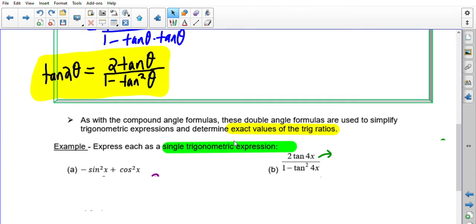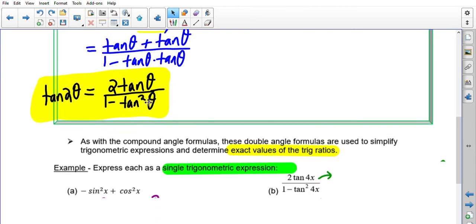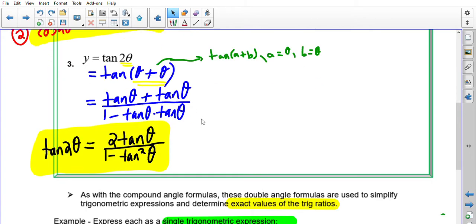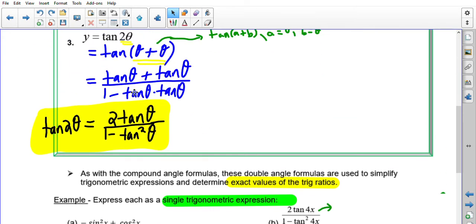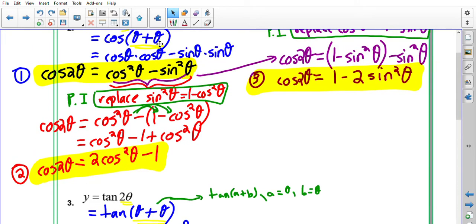For these examples, they're all going to appear in their right side versions, and we want to go backwards and write them as a single term. Notice in these versions here, there are two terms each. So when I say write it as a single expression, that means I want it combined. I want you to write it like it is on the left side.